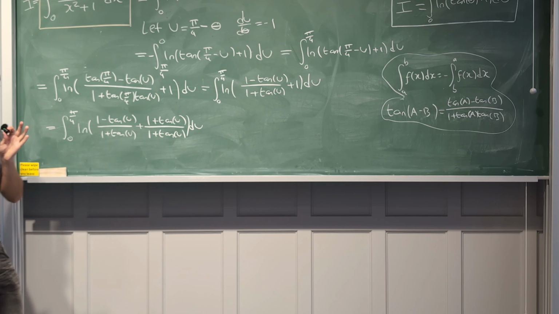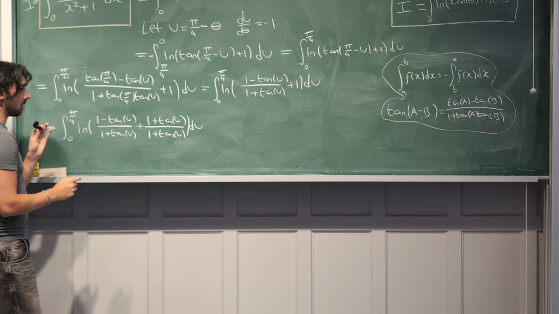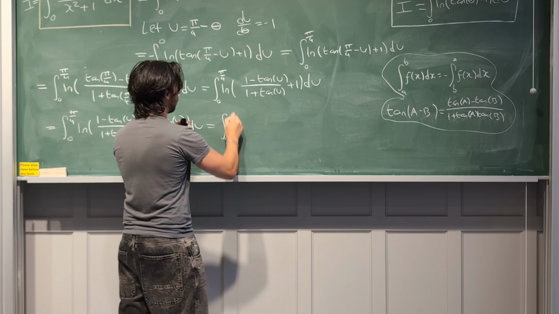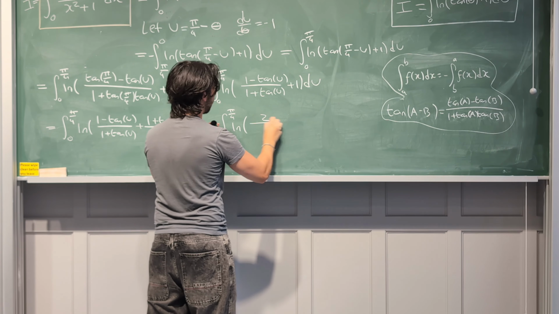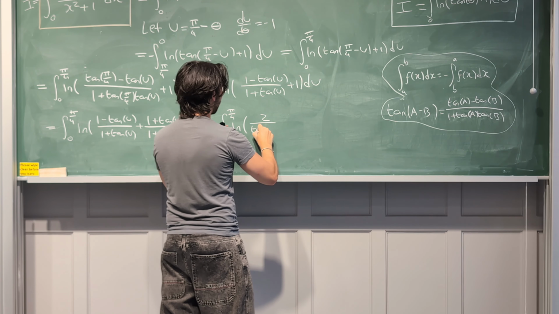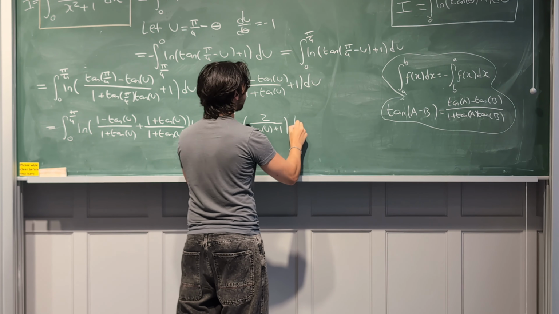Now you really may be able to see what's about to happen. 1 minus tan u plus 1 plus tan u is just the number 2. So this is equal to the integral from 0 to pi over 4 of the natural log of 2 over 1 plus tan u. And I'm going to write it as tan u plus 1, but they're the same thing, obviously.